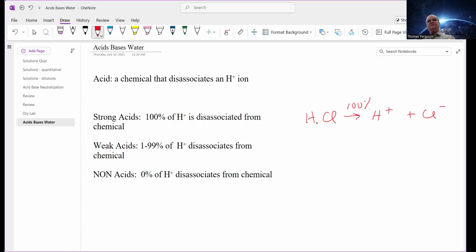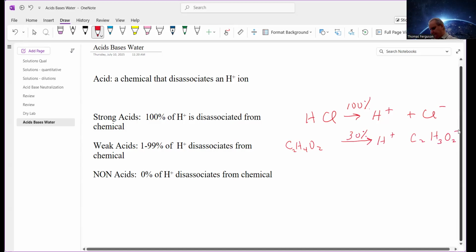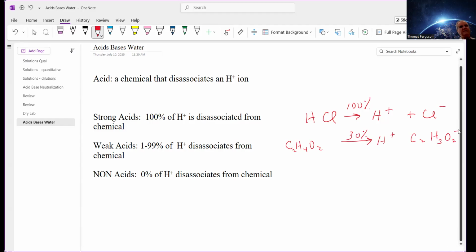A weak acid is only part of it comes over, like acetic acid. So in the case of a weak acid, there is a combination of what you start with and what you dissociate it to.